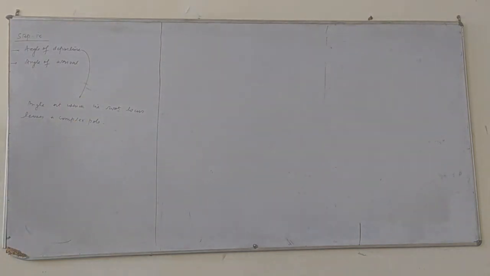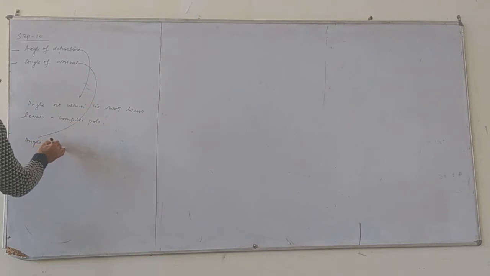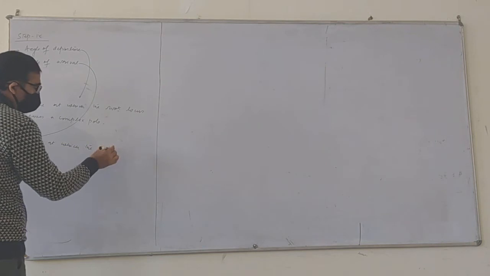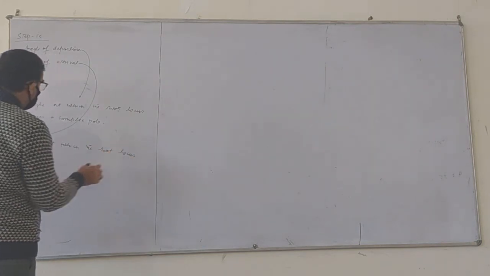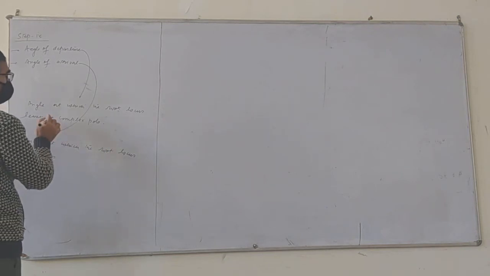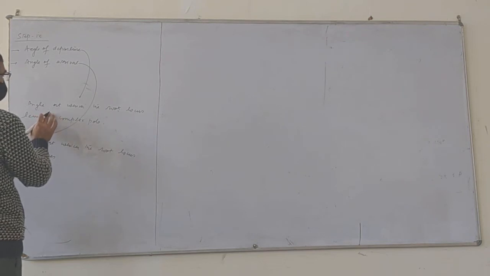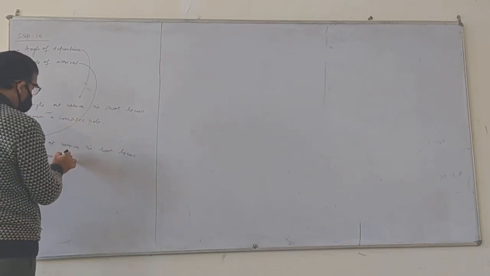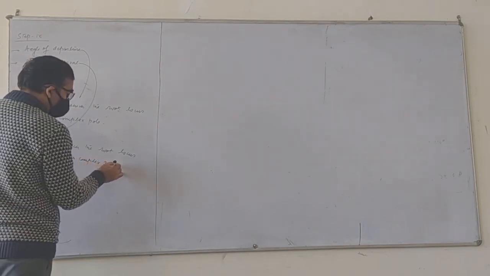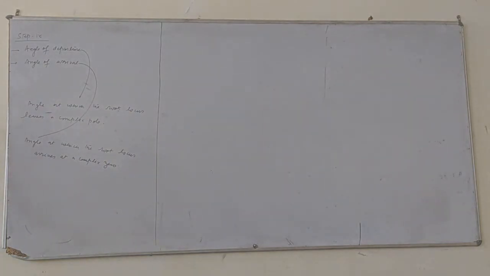And angle of arrival is the angle at which the root locus arrives at a complex zero. Angle of departure, I will repeat it.